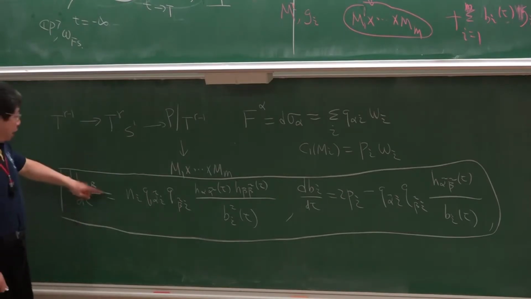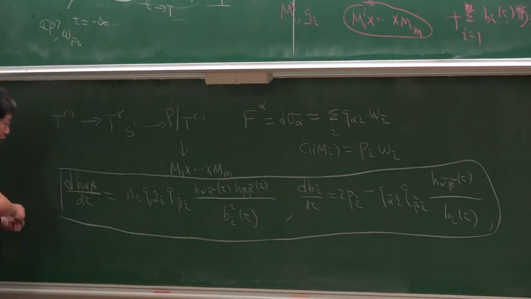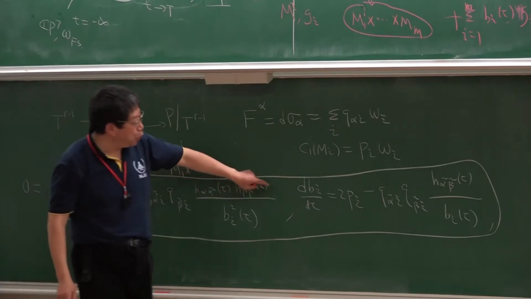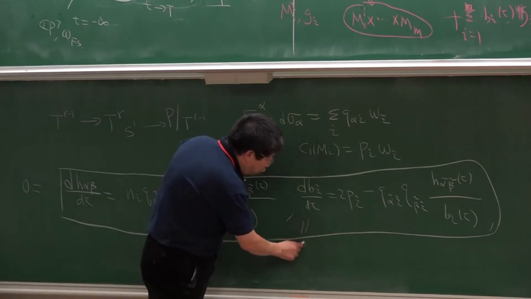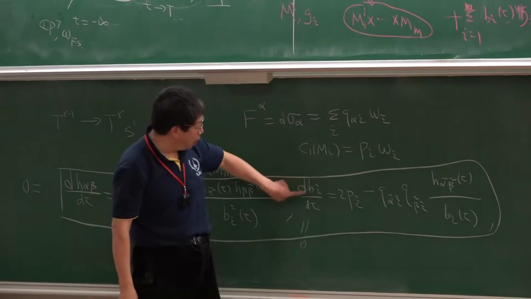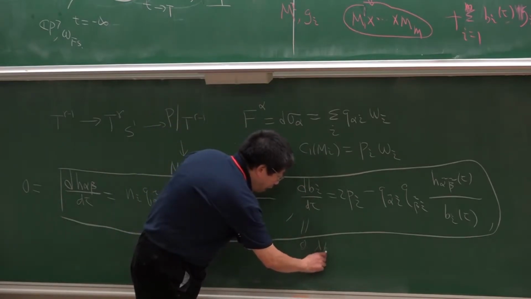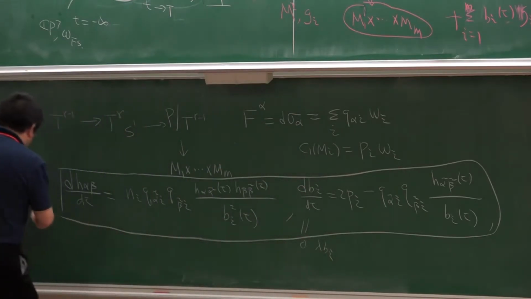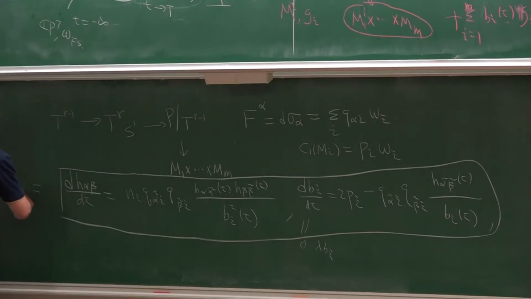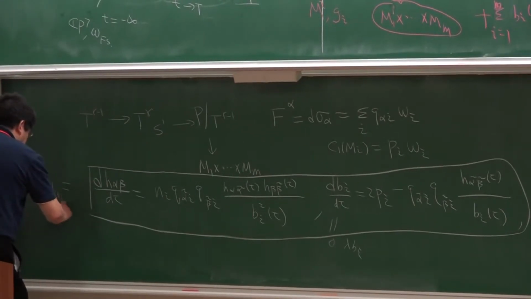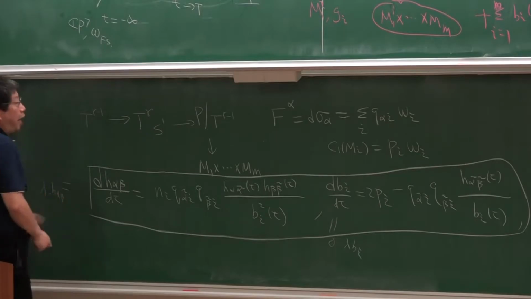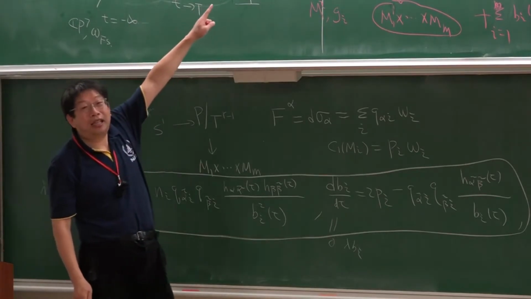Another thing is, if you let this equal to 0, it's kind of your flow is not a flow. So this equation basically is all this equal to lambda times this BIs. Then this is corresponding to the instanton metric.